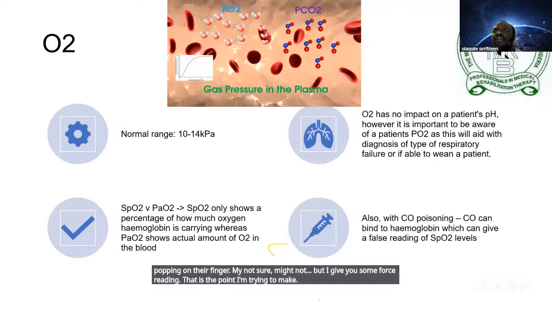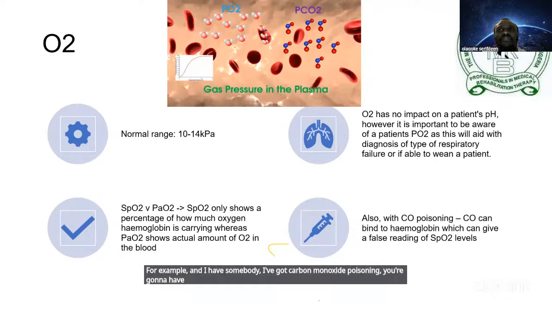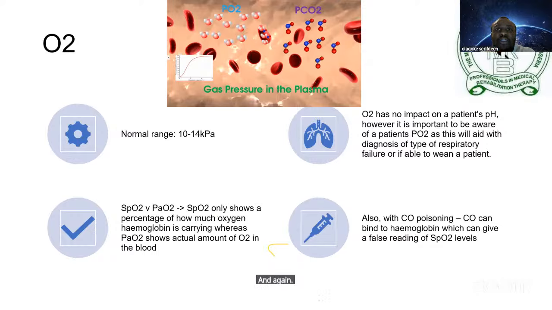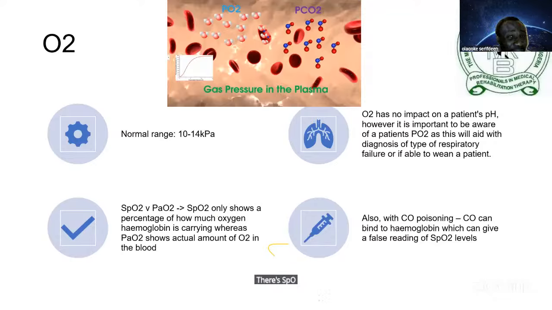For example, if somebody has carbon monoxide poisoning, you are likely to have false readings with that SpO2. And PO2 can also tell you that if it is lower than a certain level, SpO2 will start dropping very rapidly.